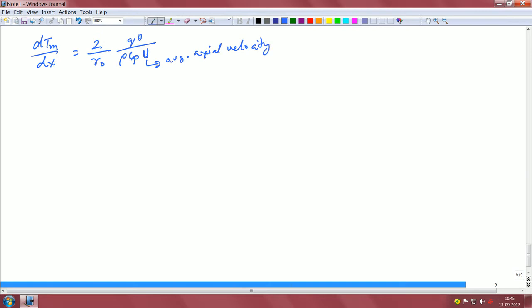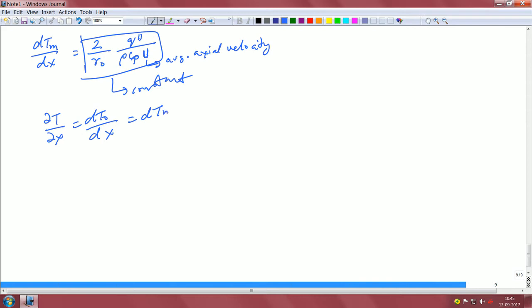Now, this is therefore a constant, because q'' is a constant, u is the average axial velocity which is a constant, and everything else is a constant over here. So, as we wrote earlier, dT/dx = dT0/dx = dTm/dx is equal to a constant, right. This implies that dT/dx is a constant as well.